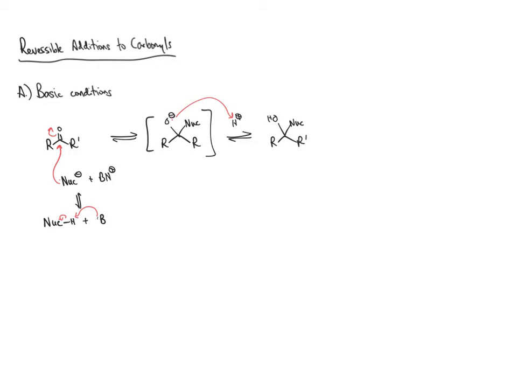Okay, so the key point here is that the base raises the HOMO. So now the maybe weakly nucleophilic nucleophile can then attack the low-lying pi star CO.